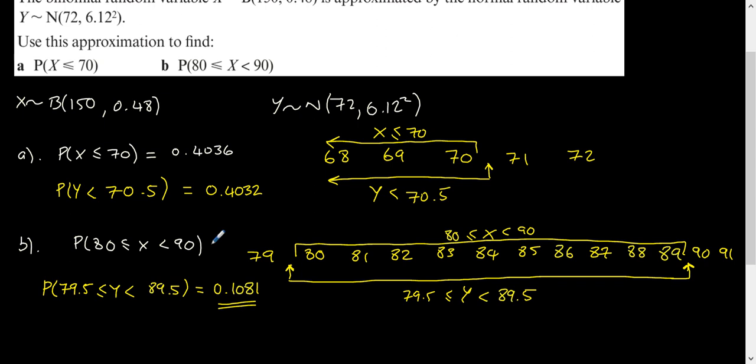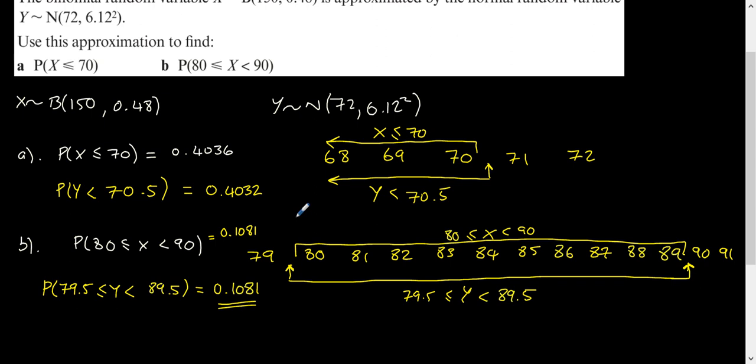And we're going to do less than or equal to 89 as well. And I can tell you that this comes out to exactly 0.1081. So we've got a very good approximation on our hands here.